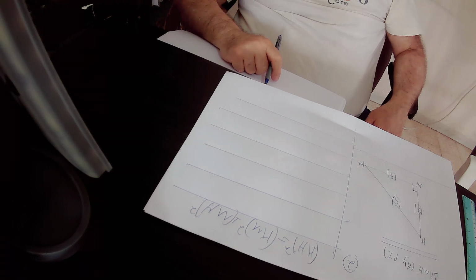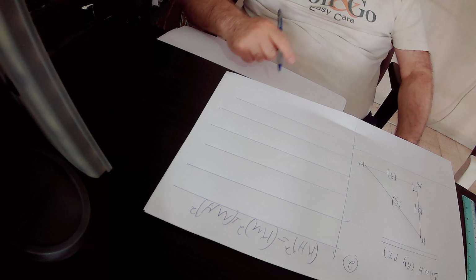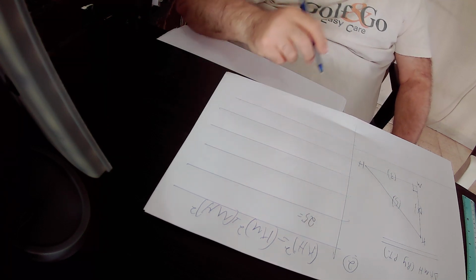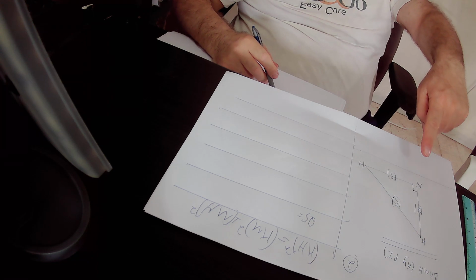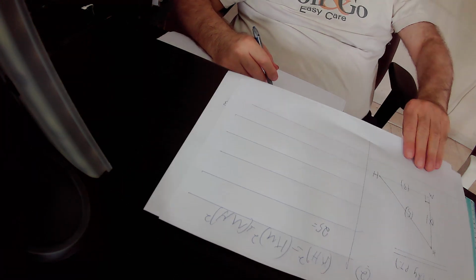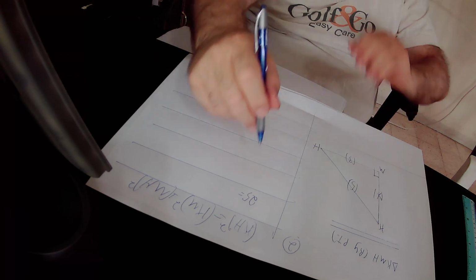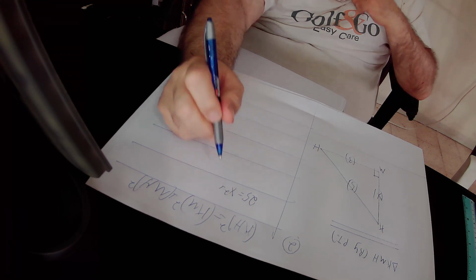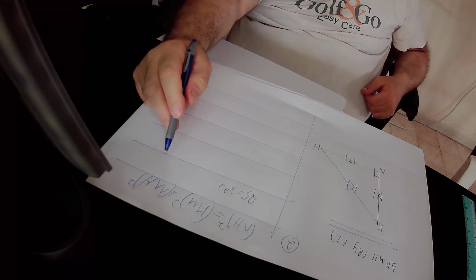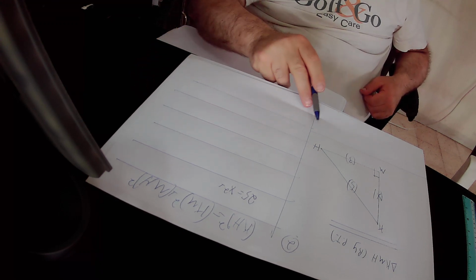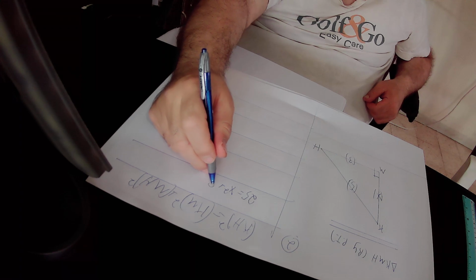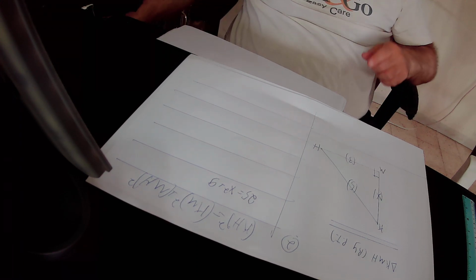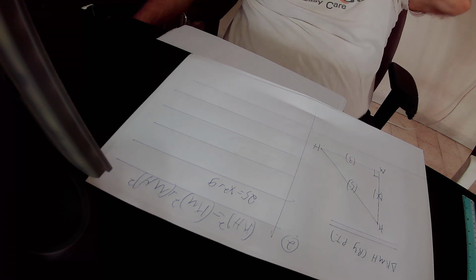The hypotenuse KH is 5, therefore KH squared is 5 squared, that is 25, and it is equal to KM squared. KM is x, therefore KM squared is x squared, plus MH squared. MH is 3, therefore MH squared is 3 squared, that is 9. So in conclusion, according to the Pythagoras theorem, 25 equals x squared plus 9.